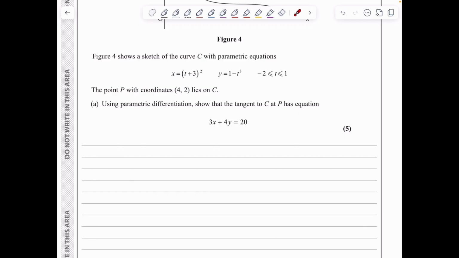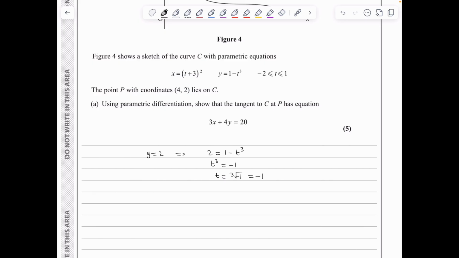Well, the first thing to do is determine the corresponding value of the parameter t at the point P with coordinates (4, 2). So I can simply say that when y is equal to 2, we're looking at 2 being equal to 1 minus t cubed. So t cubed is equal to negative 1, and therefore t is the cube root of negative 1, which is negative 1. I've got the value of the parameter.